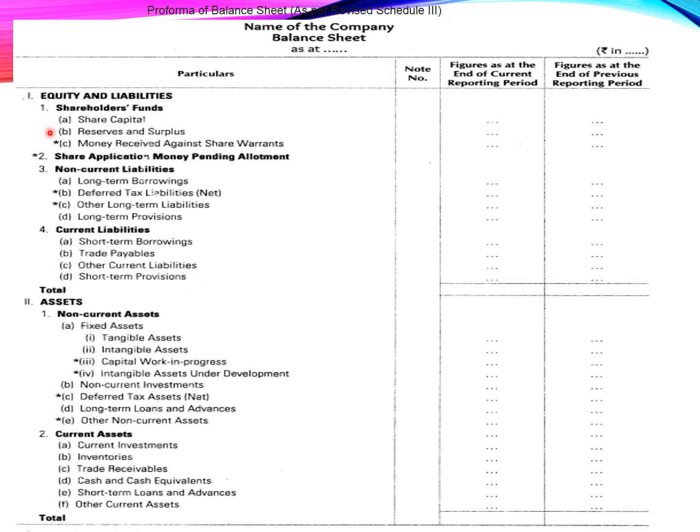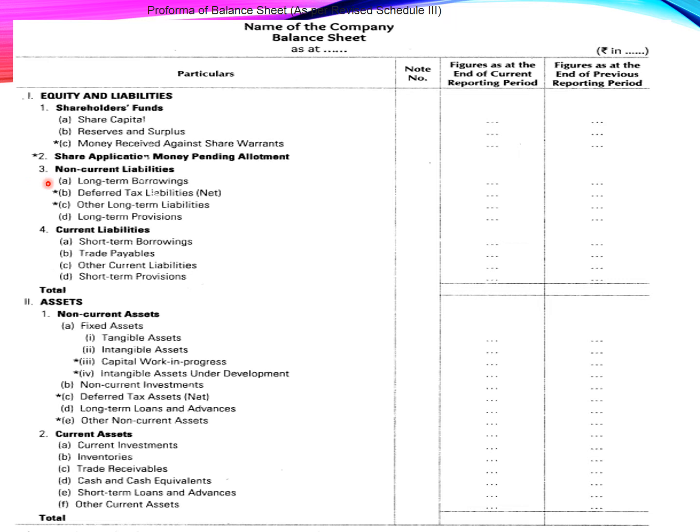This is not to be considered from board's point of view. Third head is of non-current liabilities, means those liabilities which are to be settled for a period more than 1 year. This further contains 4 subheads. First is long-term borrowing, second is deferred tax liability, next is other long-term liabilities, and the fourth subhead is long-term provisions.